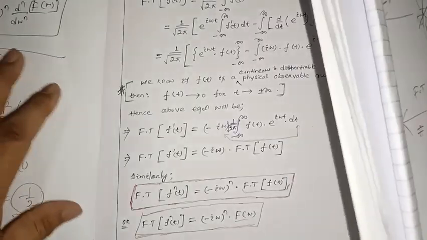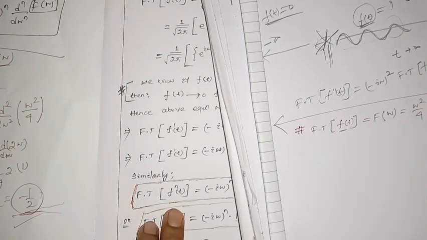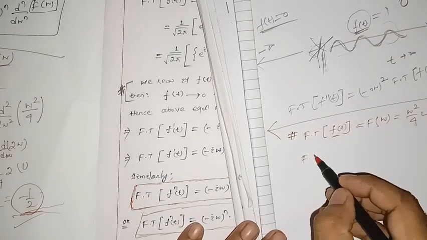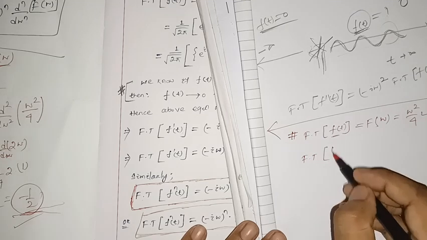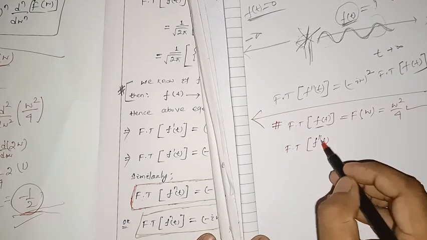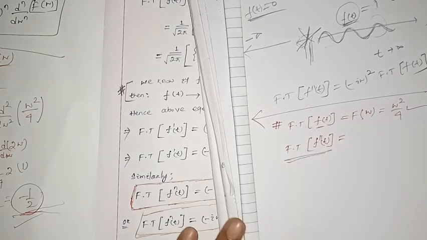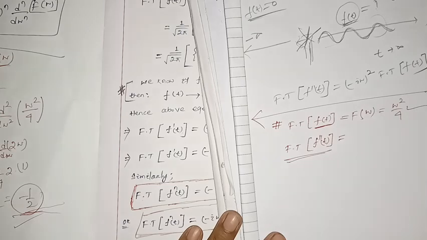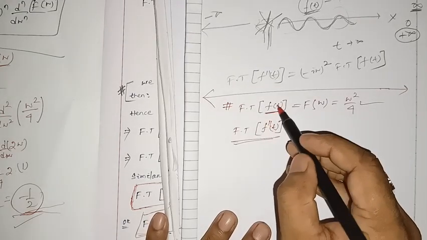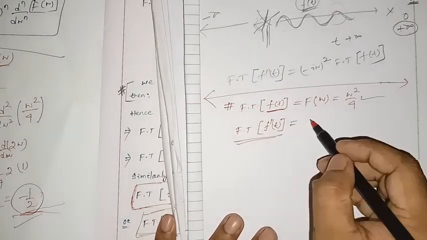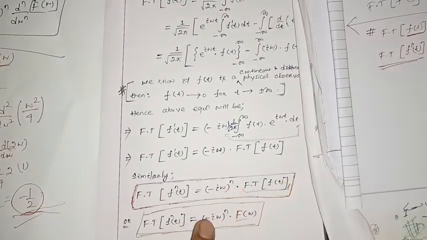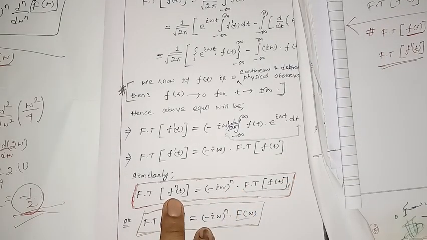You have to find what will be the Fourier transform of f double dash t. If the Fourier transform of a function f of t is equal to this much, then for the double derivative of this function, its corresponding Fourier transform will be how much? Directly you have to use this expression. So here n equals 2.